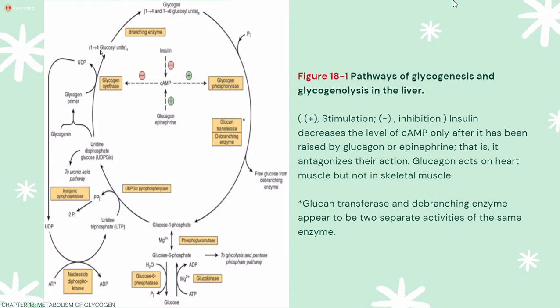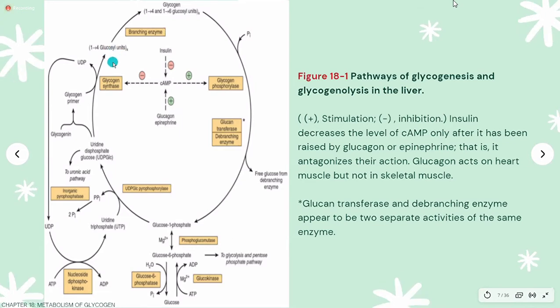So several glucose units will be attached until you have one straight chain, and then a branch will be formed. A branch is created by a linkage known as alpha 1,6.